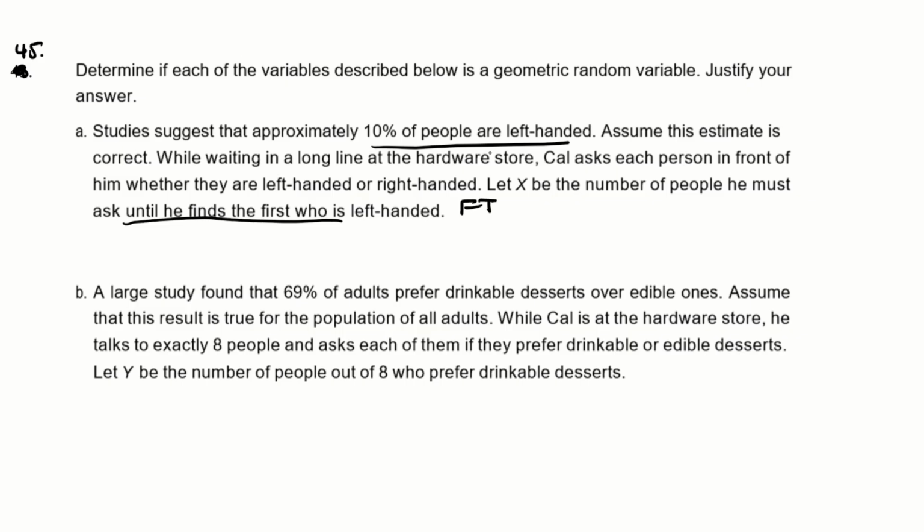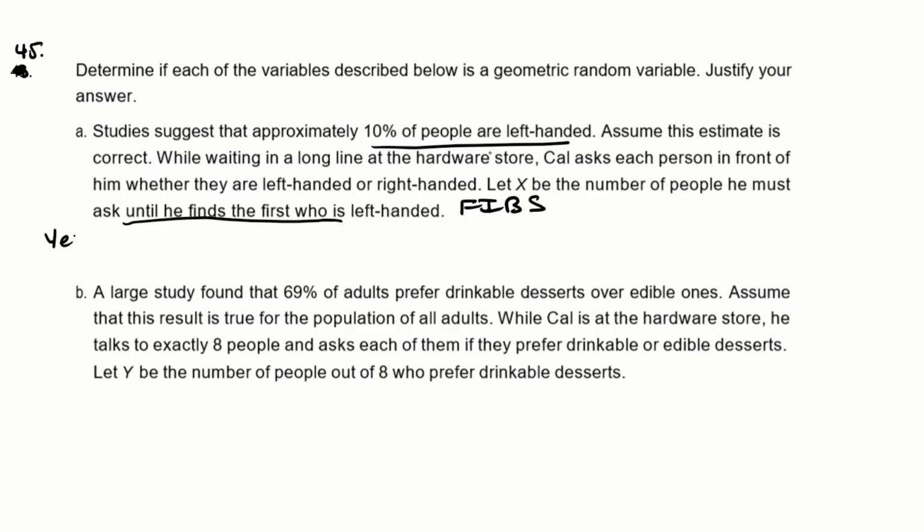The first success, yes, until he finds the first person. Check. Independent. Each person is independent from the next. Yes. B stands for binary. They're either left-handed or they're not. S, the probability of success is the same, 10%. Okay. So good. So yes.